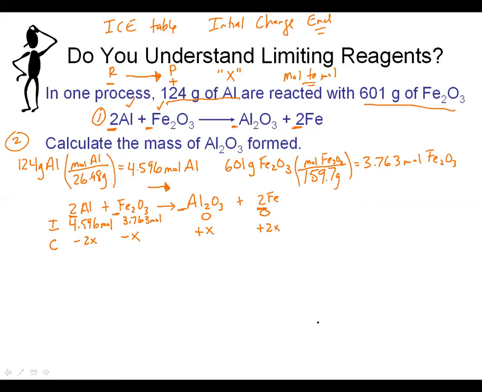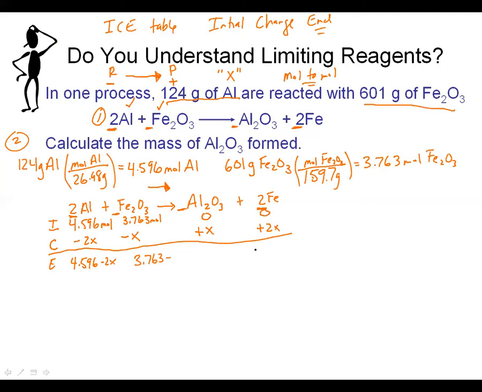What we're going to do now is bring everything down to our end. When we bring everything down here, we will end up with 4.596 minus 2x. This is going to be 3.763 minus x.